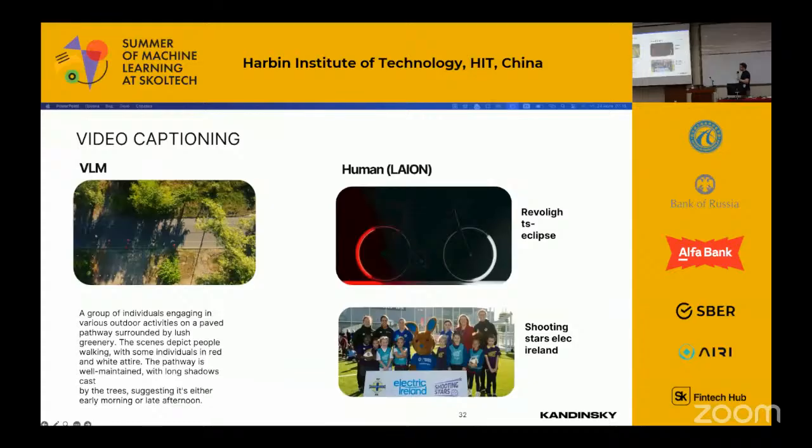That's a small amount. There is a lot of trash in the open source video on YouTube, for example. But that's an illustration of how a VLM, it doesn't matter which VLM, writes a caption for a video, and how a human writes a caption, a median human, I mean an average human, on the image.